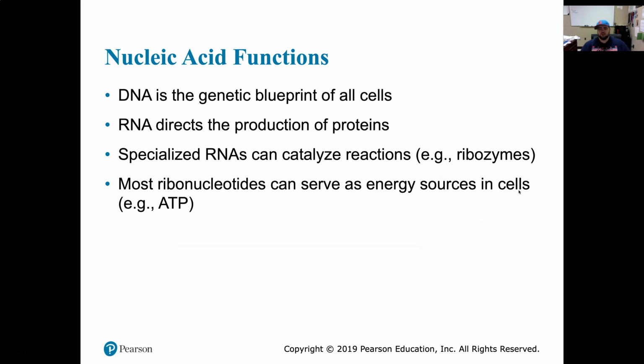This, just some functions of nucleic acids. We know that DNA, as I said, is the cookbook. It has the genetic blueprint of all cells. RNA directs the production of proteins. There are specialized RNAs. Don't worry about them, though. And then ATP, for instance, is an energy source, but it's considered a ribonucleotide.